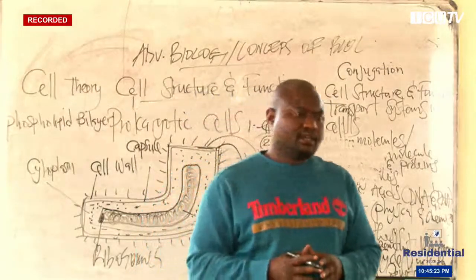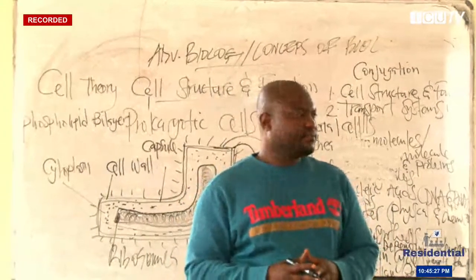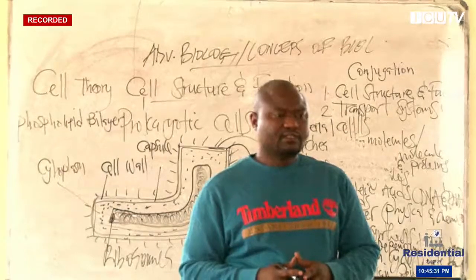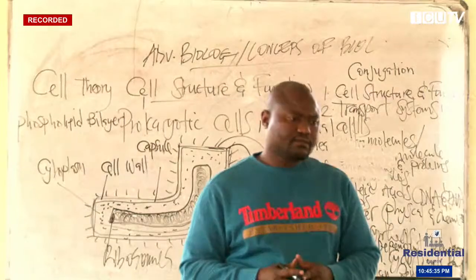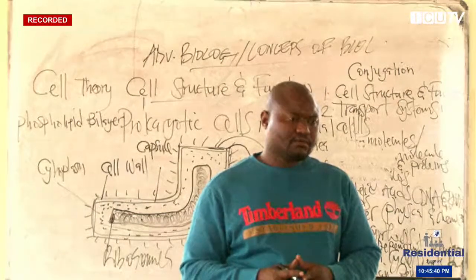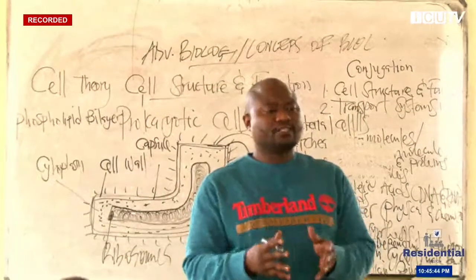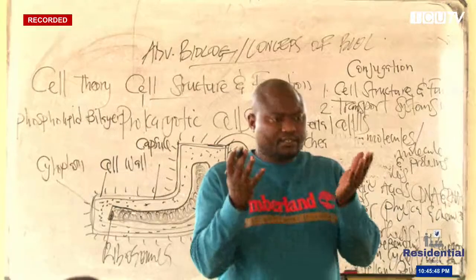Any questions about the prokaryotic cells before we move to the next? So the function of the ribosome is for protein synthesis. And when we talk about synthesis, it's the building up of proteins.